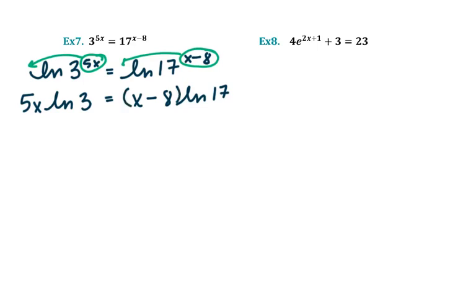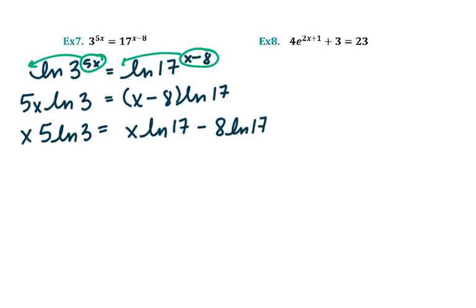So I've got my parentheses. I'll distribute. I have x times 5 ln 3 equals x ln 17 minus 8 ln 17.